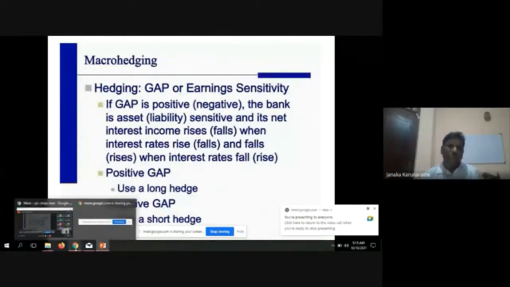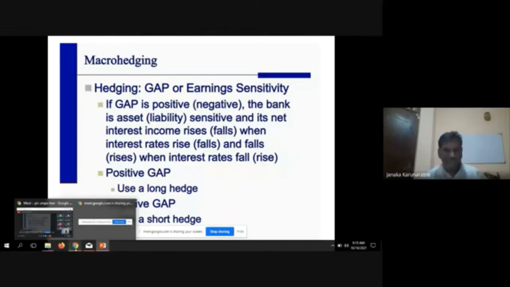Okay. So what happens when you have a positive gap? What is the risk to you? As a banker, as a risk manager, what is the risk when you have a positive gap?